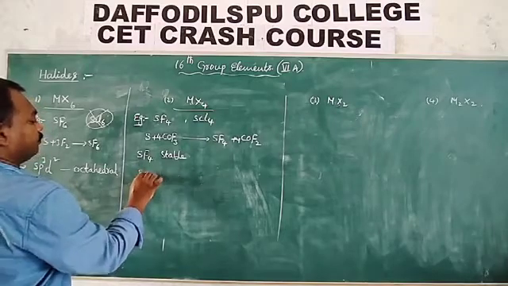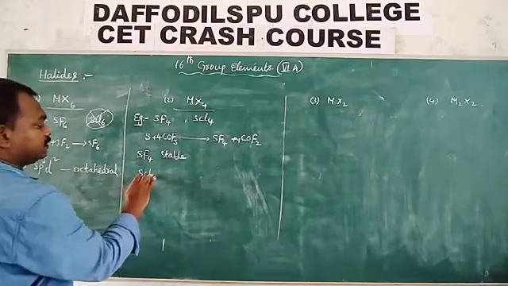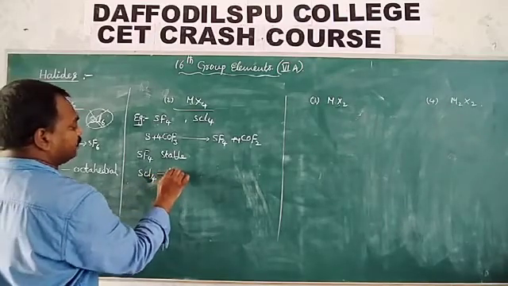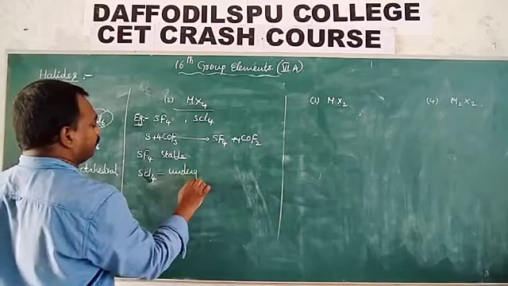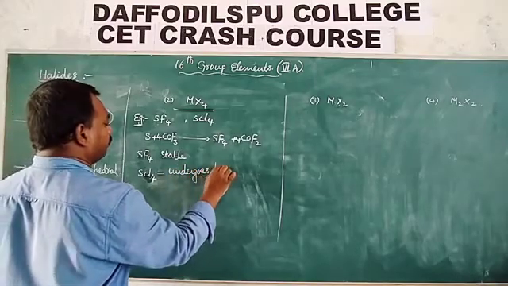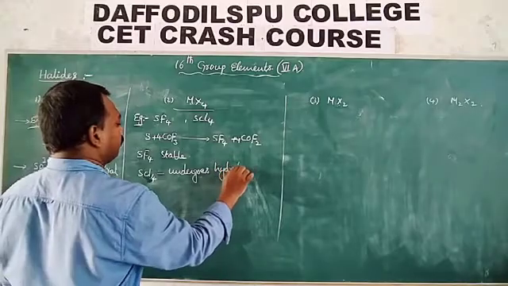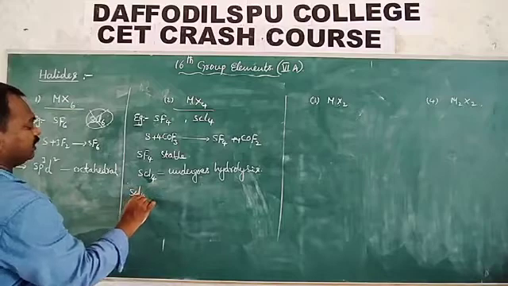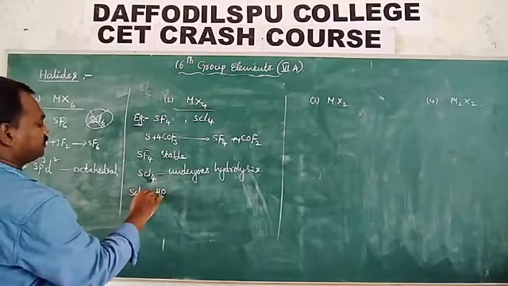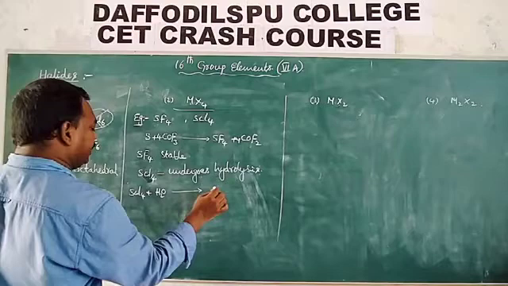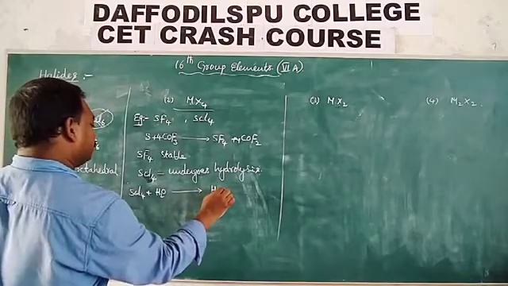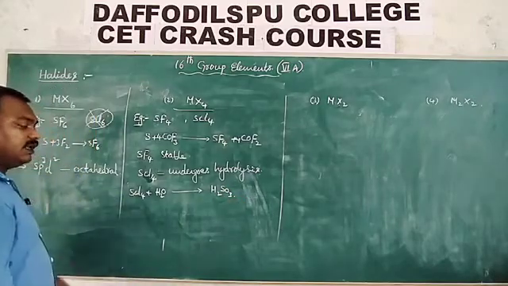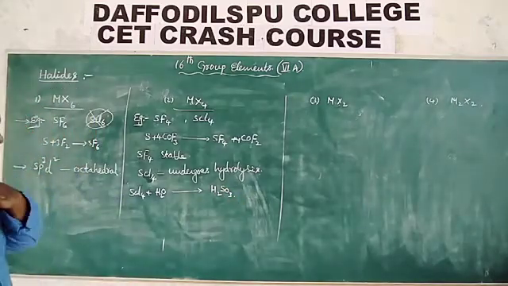SCl4 easily undergoes hydrolysis. When SCl4 undergoes hydrolysis, we will get H2SO3 first. After that it converts to H2SO4.